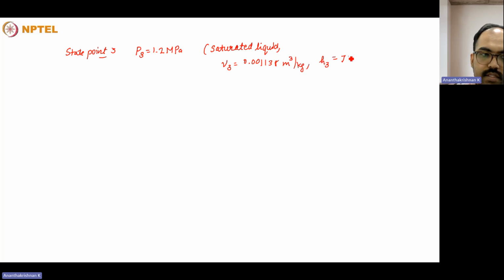H3 will be 798.33 kilojoule per kilogram. This is from the steam table. So we can obtain the state point 3 straight away. Now we can move to state point 4, the exit of this pump. Just like state point 2, we can obtain the nu and from there we can obtain everything straight away.